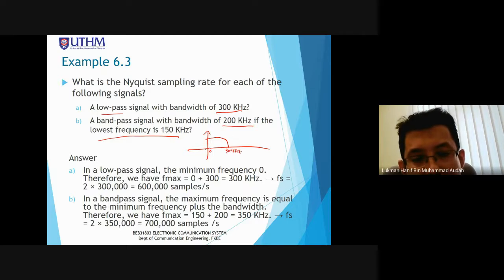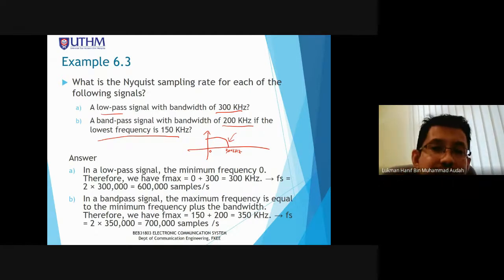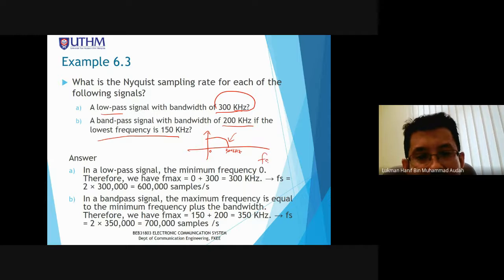So we need to choose the highest. Okay, dalam low pass signal, low pass ni starting from 0 until this frequency. So that means we need to find the Fs equal to 2 times Fm, yang Fm yang paling max. Okay, so maximum FM is 300 kHz.